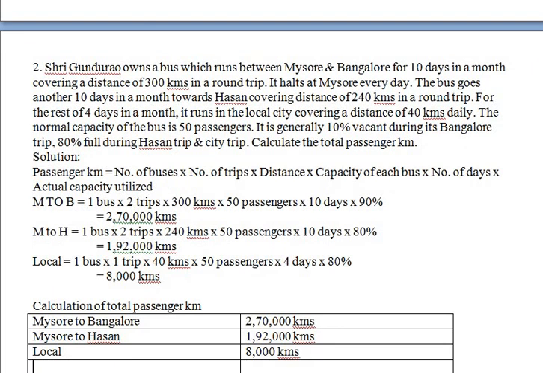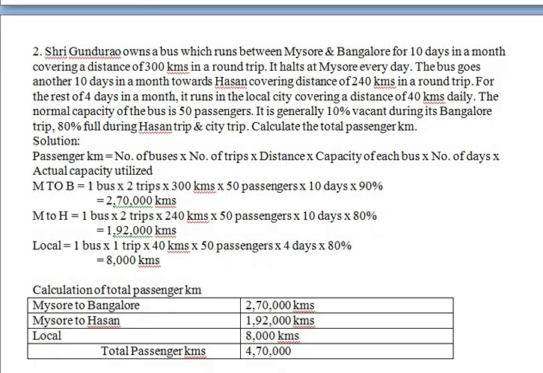Now make a total of all these. Total passenger kilometers is 4,70,000. 4,70,000. So like this we need to calculate total passenger kilometer.